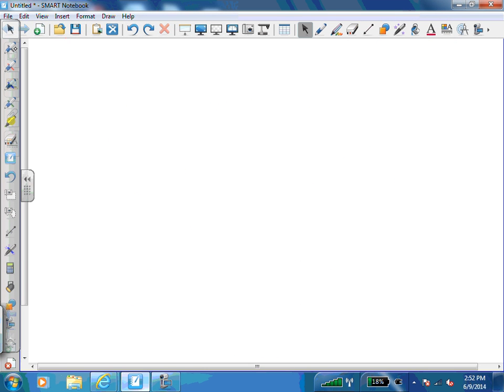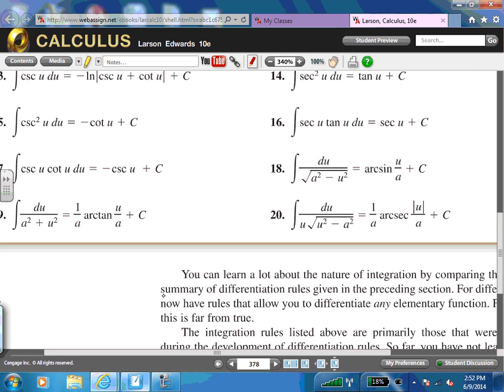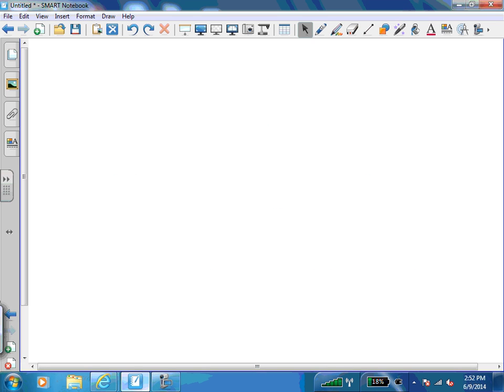Now, a lot of these work out nicely for us. A lot of them, we'll have an a squared minus a u squared, or for the ones that work out to be the tangent, we'll have an a squared plus a u squared. But the question is, well, what happens when we don't have something that fits that just quite right?